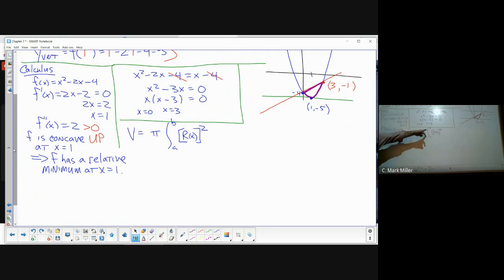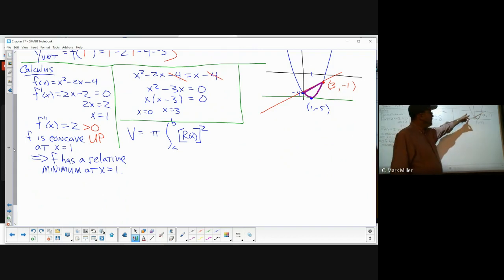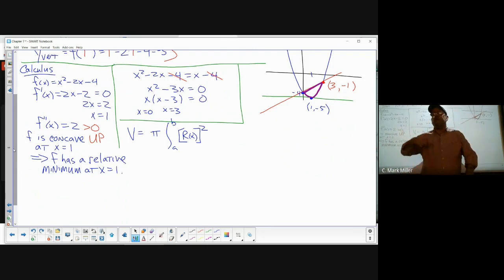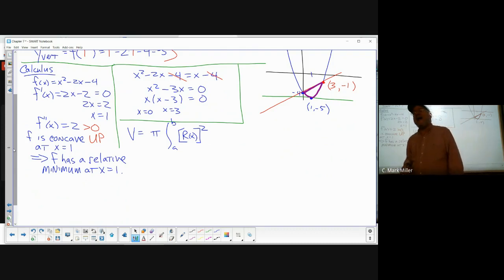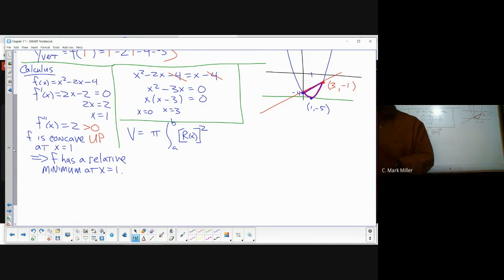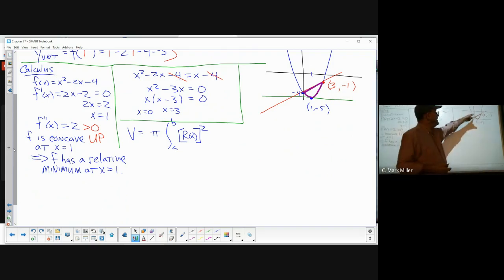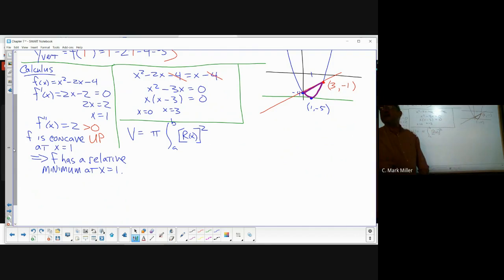All right. Now, this would give me the volume of that parabola revolved around the x-axis if there was not the line. I have to subtract out the volume of that empty space that is enclosed by the line.